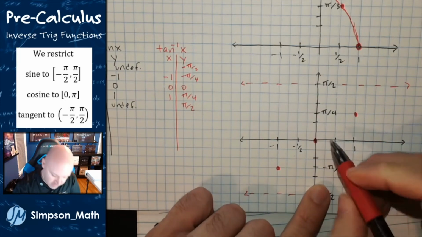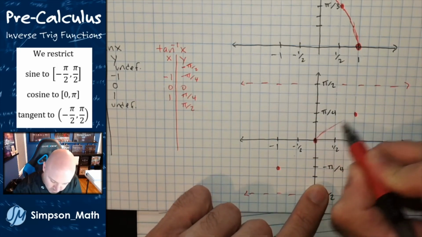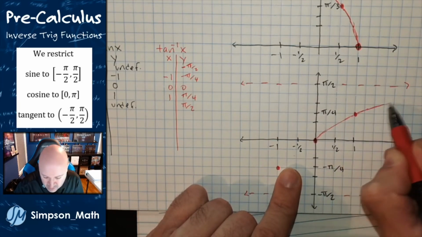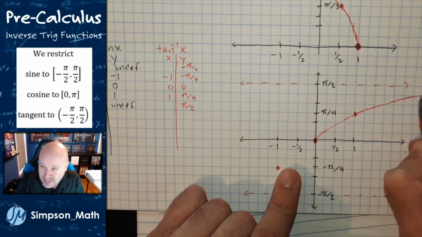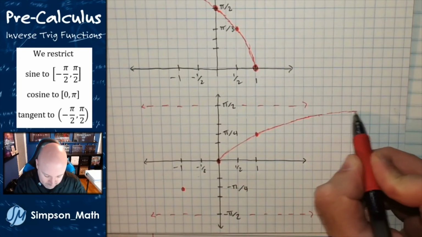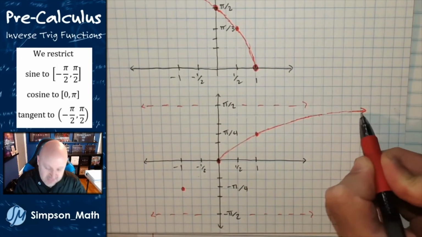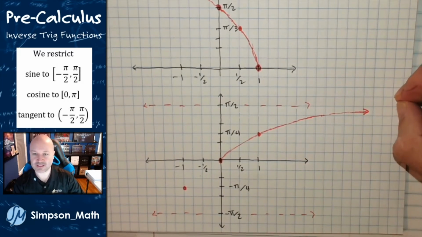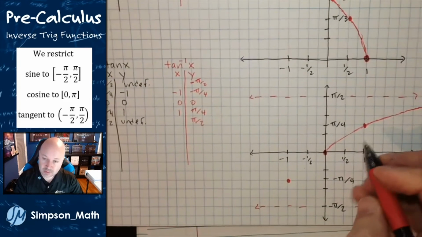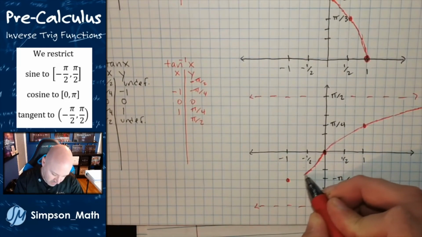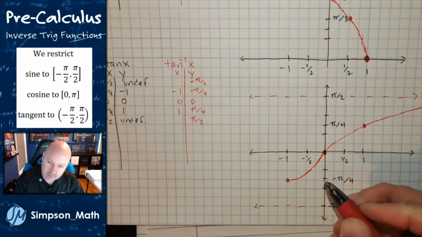So as I move out to the right, I'm going to curve up, but then very quickly approach that asymptote and try and become it. It doesn't flatten out, but it looks like it does because it gets so close so fast. Similarly, as I move into the negative region, I'll kind of curve down, come into this point.